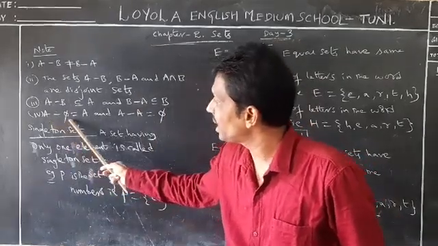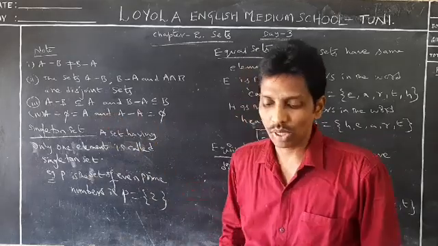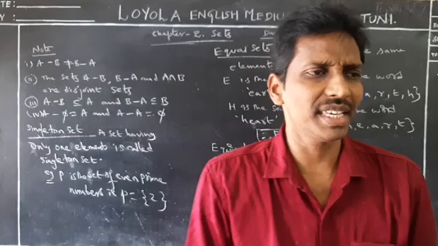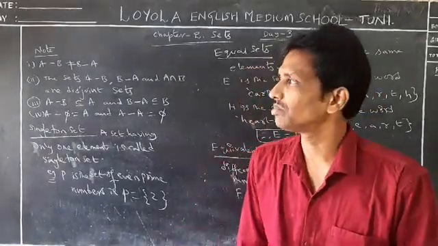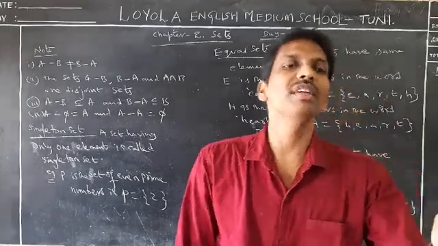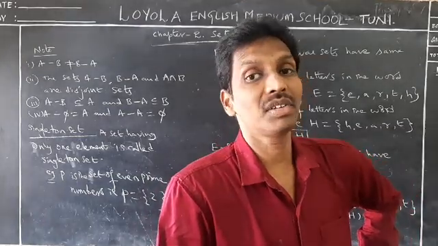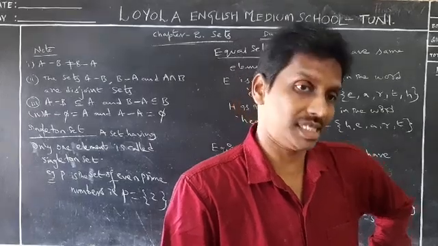Here you see, A minus A equals the null set. Here you may get a doubt: sir, how can you say A minus A equals the null set? Usually x minus x is equal to 0, 2 minus 2 equals 0. That is true only when numbers are given, but we don't want to consider that type of explanation under sets.